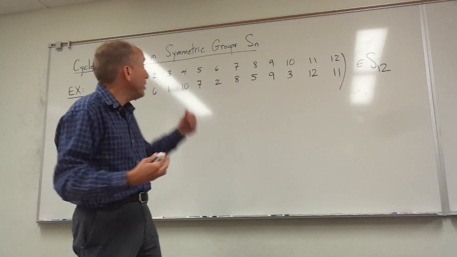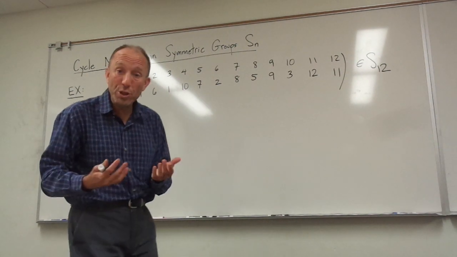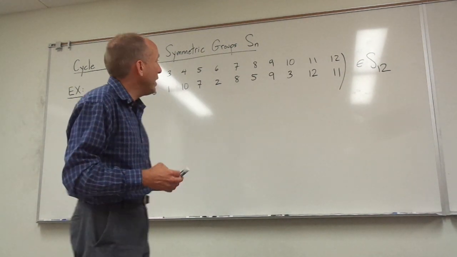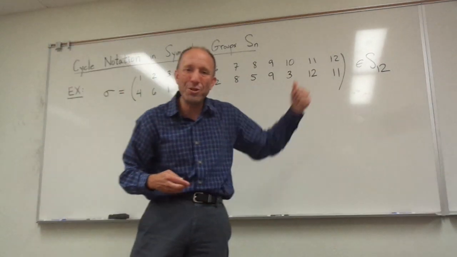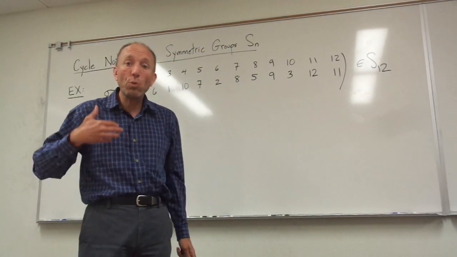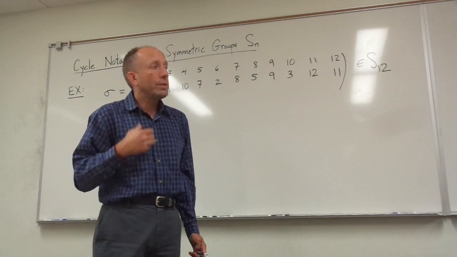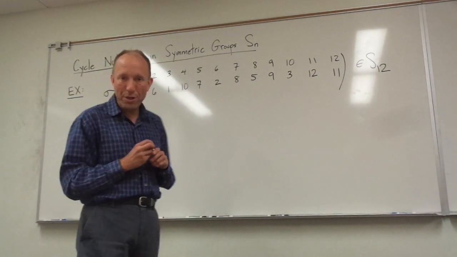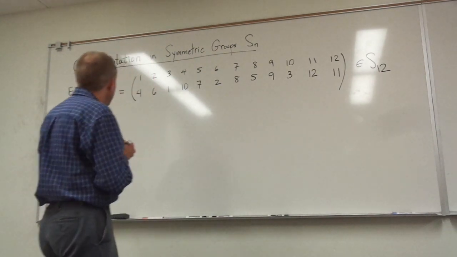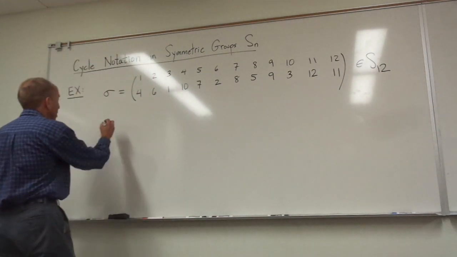The operation in the symmetric group is composition of functions, and when you're composing functions together using the two-line notation, it turns out to be quite cumbersome. So it turns out there's a nicer way to do it, and it's called cycle notation. I'm going to show you how to do the cycle notation right now.